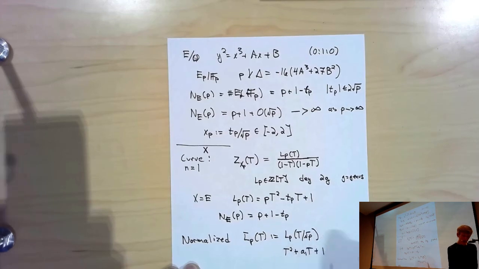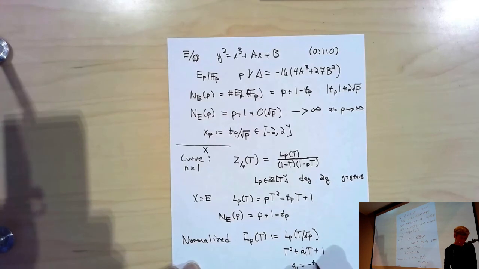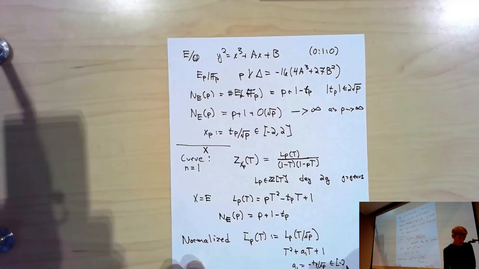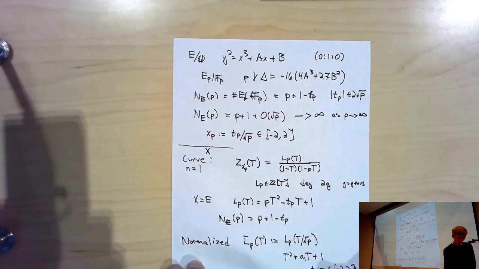So just some quadratic polynomial with only one coefficient that we don't know, this a1. And this is minus the normalized trace of Frobenius. So a1 is some real number between minus 2 and 2.